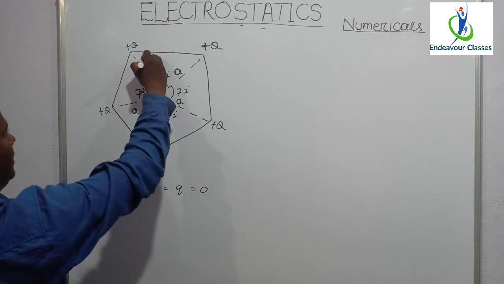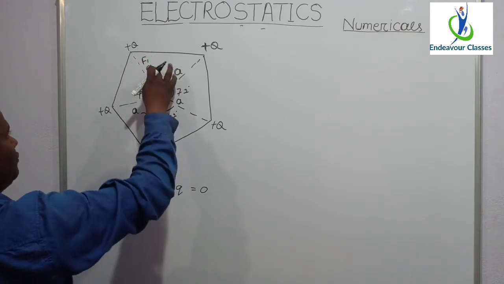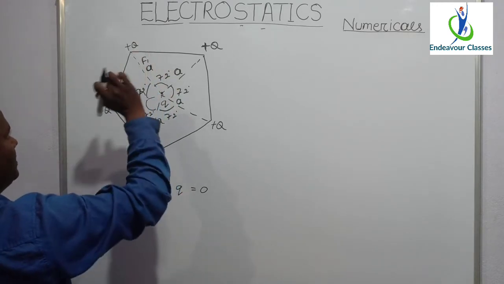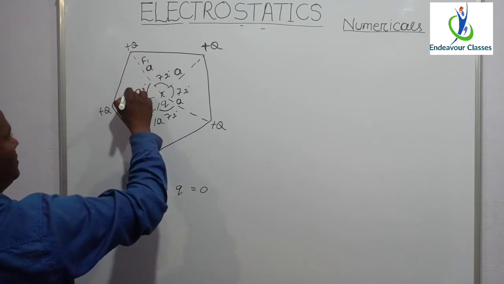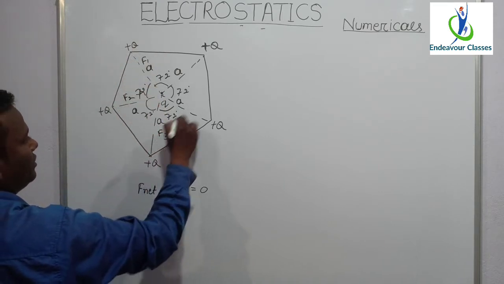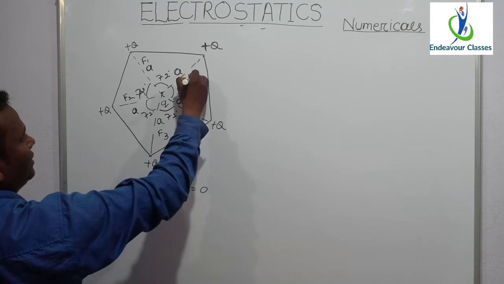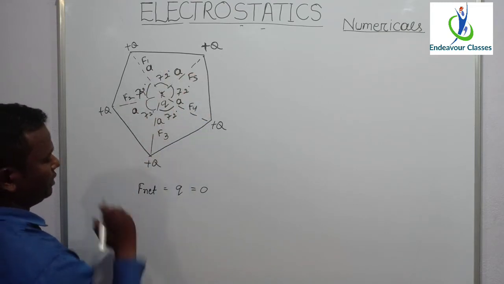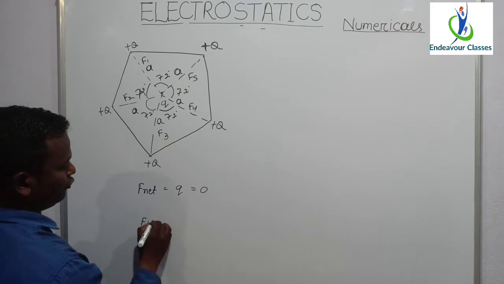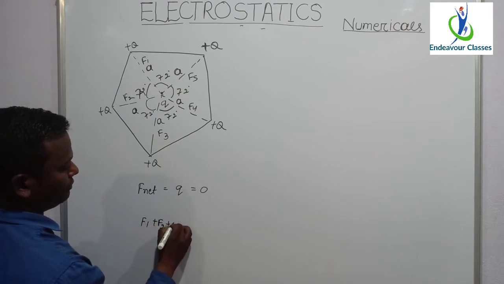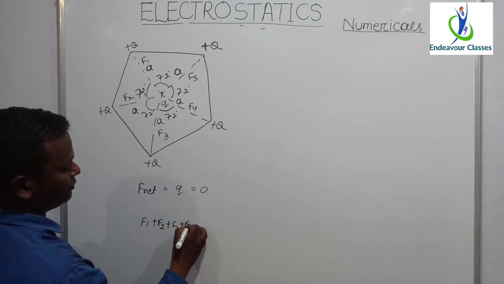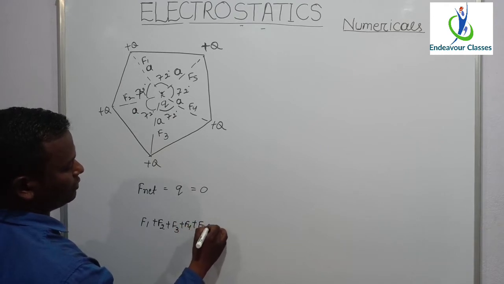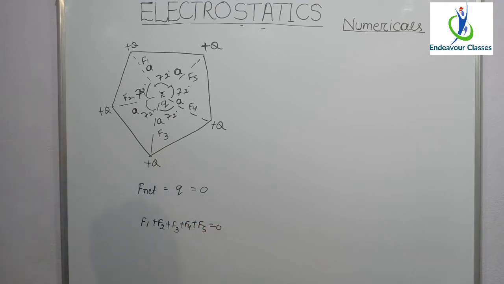Let these forces be F1, the force between small q and this q, this is F2, this is F3, this is F4, and this is F5. As per the symmetry, F1 plus F2 plus F3 plus F4 plus F5 must have been 0.